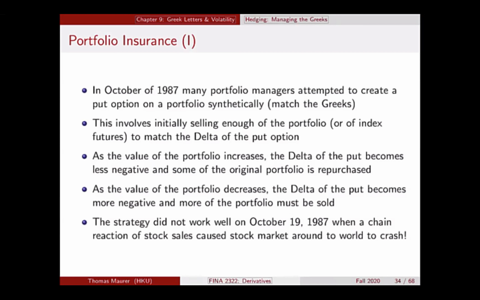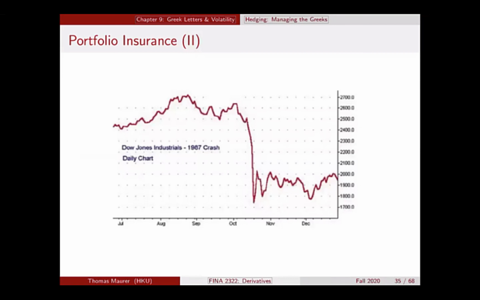And so as these guys are short selling the market, market prices drop even more. And this resulted in a downward spiral where they had to short sell even more to hedge the put options which they were selling to portfolio managers. And therefore, again, they had to short sell more and the price in the market dropped more. And so forth, eventually leading to a very big crash within just a very short time span.